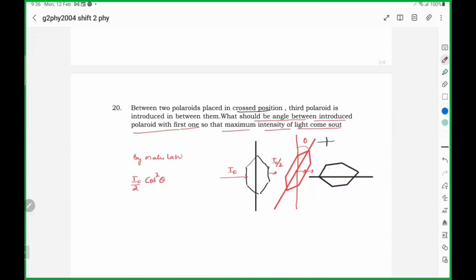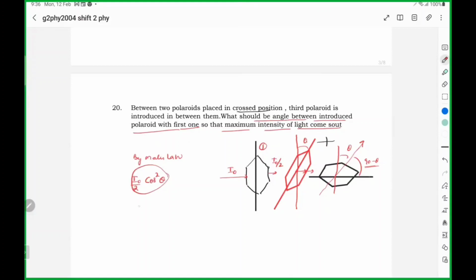So here between first and second the angle is 90. This one is theta. Between this and this the angle will be 90 minus theta. So light with this intensity passes through the other polaroid.